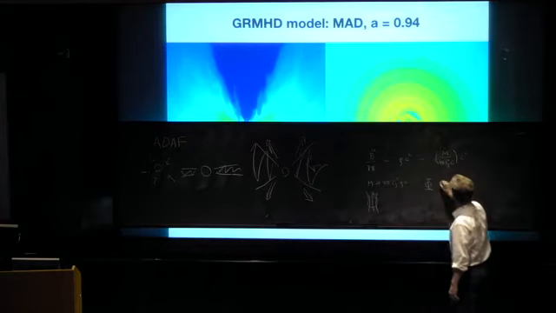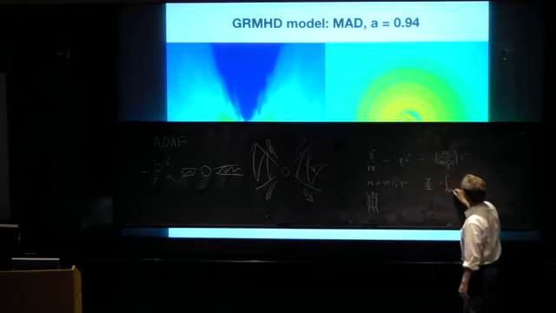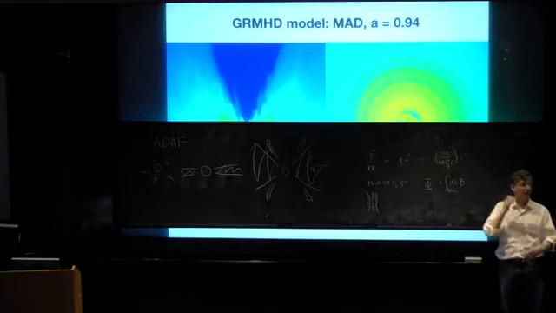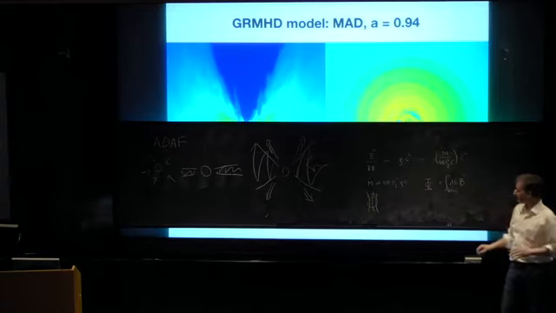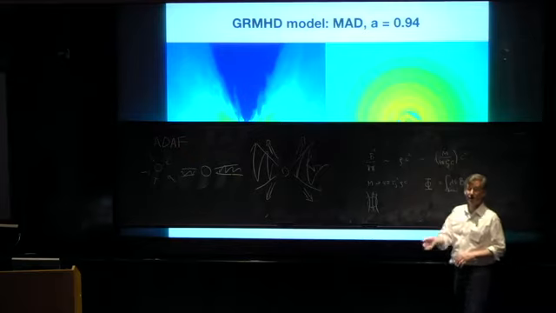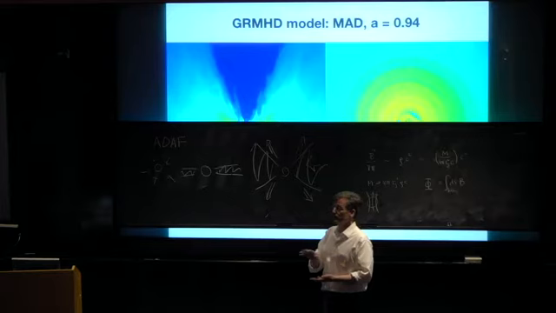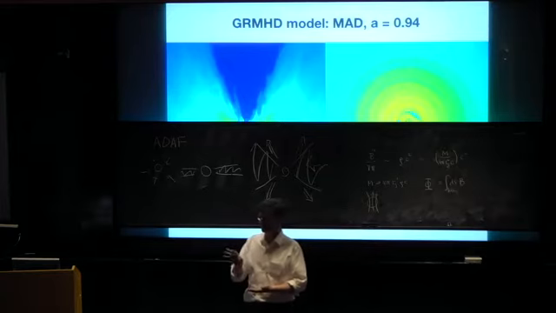Okay, so I can integrate B over a hemisphere of the black hole and find out how much magnetic flux is trapped in the black hole. Okay, so some of you may worry about having magnetic flux in the hole. It's not a property of the black hole itself. We know that black holes have no hair, right?